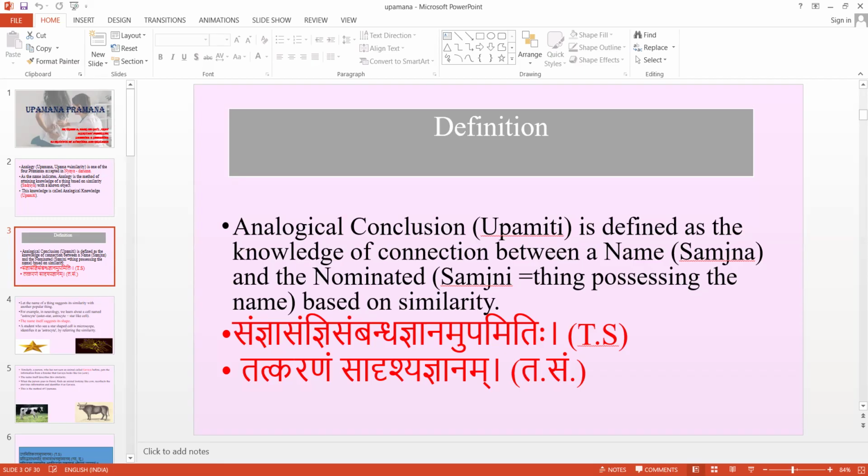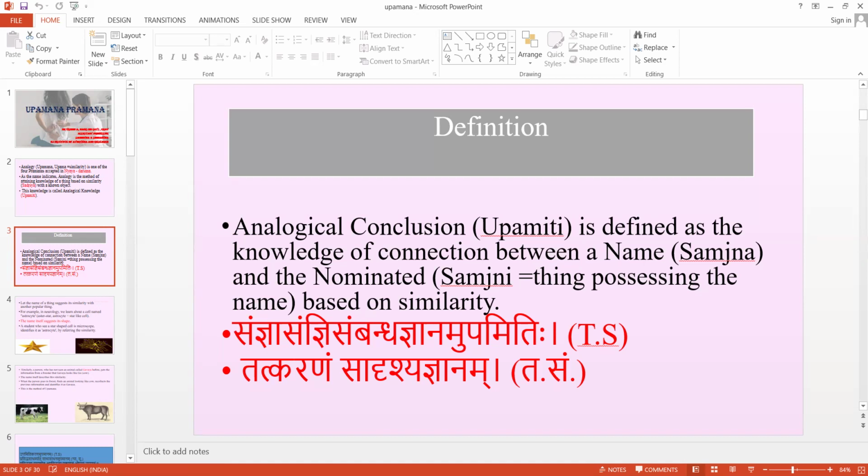Just like we have another definition in Anumana Pramana: Linga and Lingi, the connection between Linga and Lingi. That is Anumana. This question about Samjna and Samjni is asked in the PG examination.